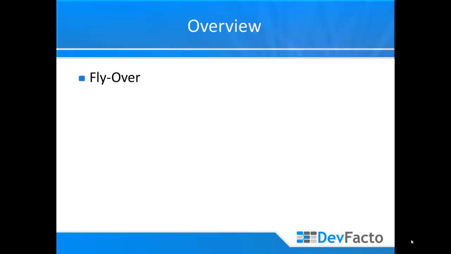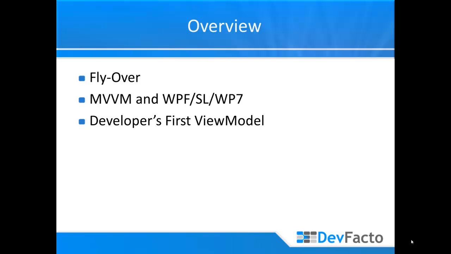Okay, so just a quick overview of what's going on. I'm just going to fly over the MVVM landscape, chart out our course. Then we're going to talk about some MVVM and how it relates to your .NET stuff. We'll go over making your first view model.